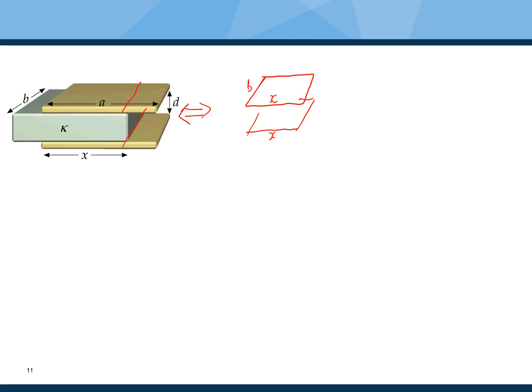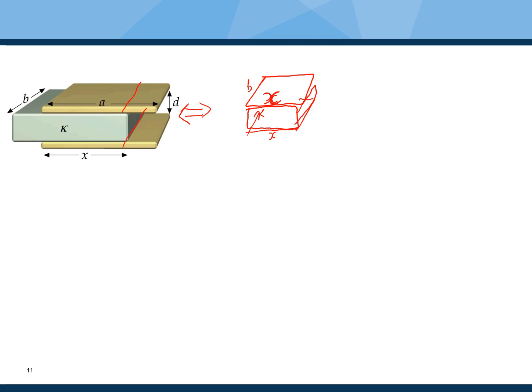So this distance is x as I wrote down, but I should have erased this out here. So let me go ahead and draw this again. So this distance is given by x, all right? And between the plates that I've chosen right now, I have a dielectric slab with a dielectric constant kappa. Notice that this dielectric slab completely fills the distance between the plates.